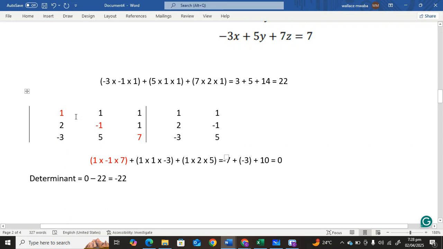Okay. But the arrows, you can still leave the arrows there. If you want, you can still erase them. It's up to you. The marker will understand. They know this technique, so they will understand.